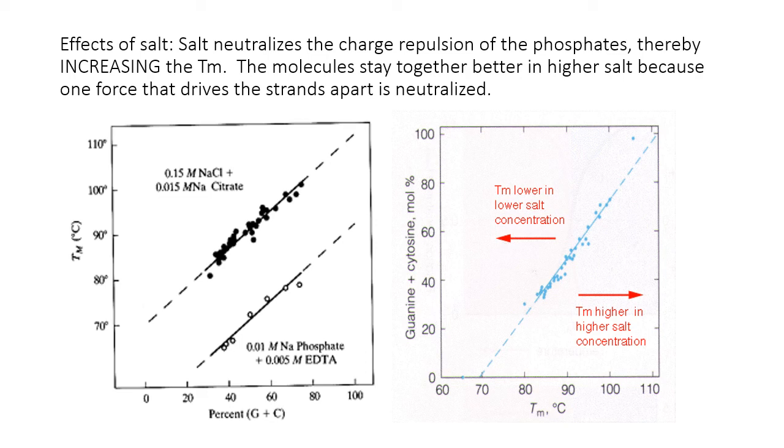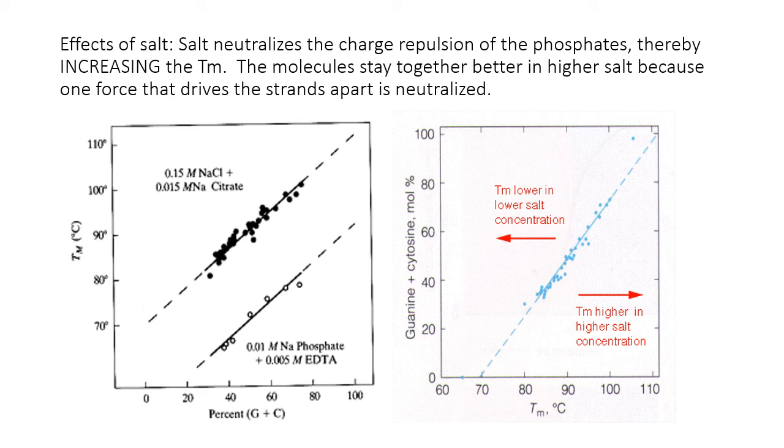The lower line, however, is the same series of molecules, but instead of having 150 millimolar sodium chloride, you have 10 millimolar sodium chloride, or sodium phosphate, same idea. So there's a definite shift to lower temperature of melt because you don't have the sodium chloride there in order to neutralize the negative charges.